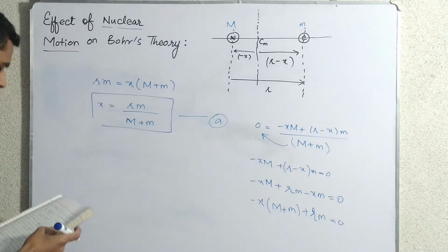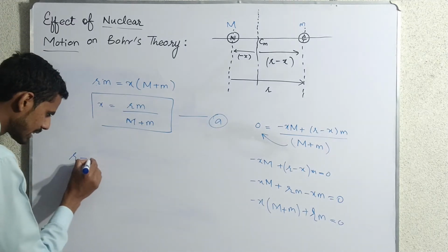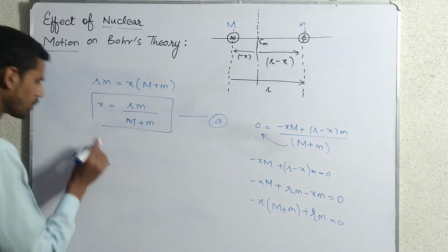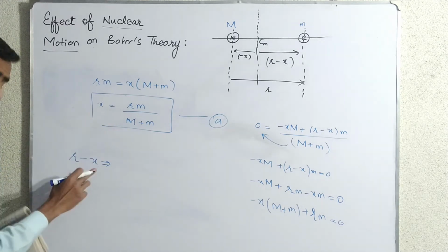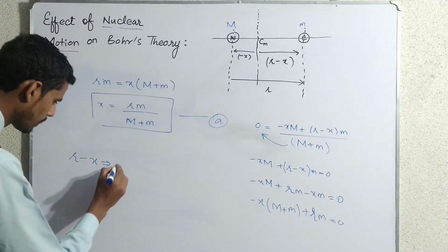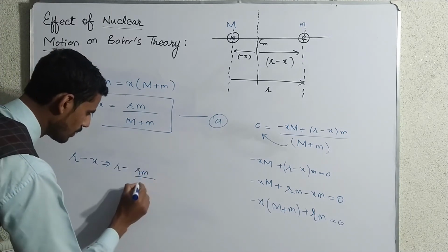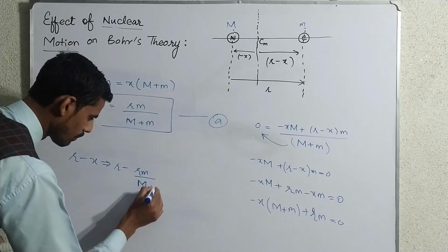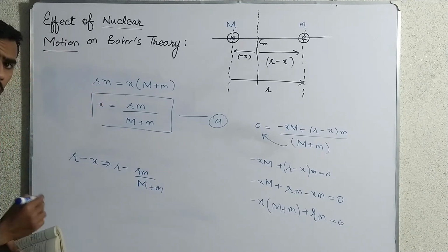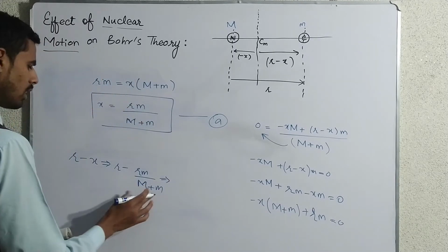So now we are going to say that R minus x will be equal to, putting the value of this x here, R minus R m over M plus m. Then I'm going to take the LCM.